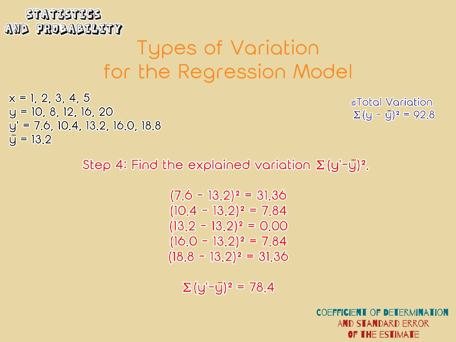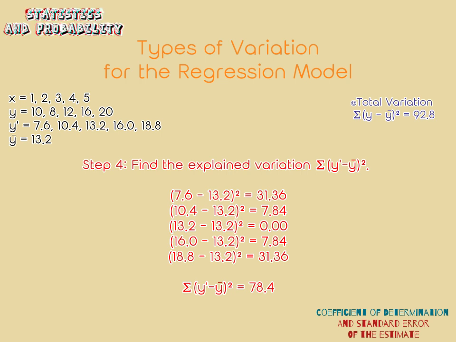So our first y prime is 7.6 minus our y bar, which is 13.2, and then squared, and that is equal to 31.36. 10.4 minus 13.2 squared is equal to 7.84. 13.2 minus 13.2 squared is just 0. 16 minus 13.2 squared is 7.84. And lastly, 18.8 minus 13.2 squared is equal to 31.36.